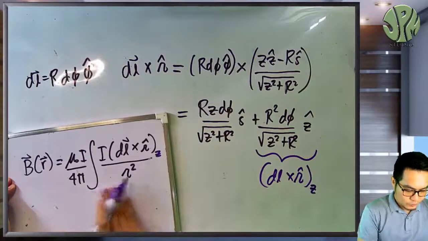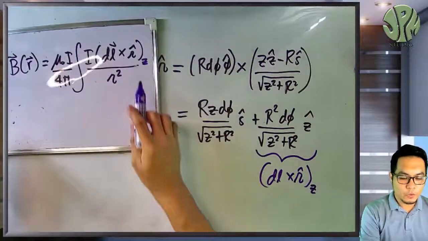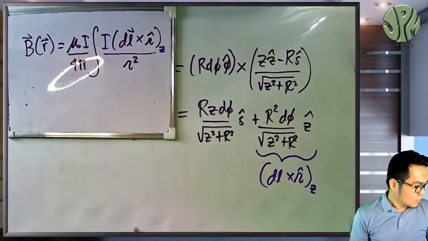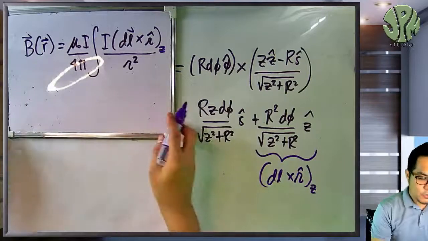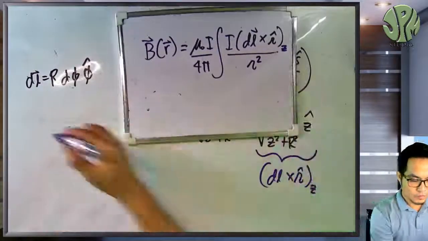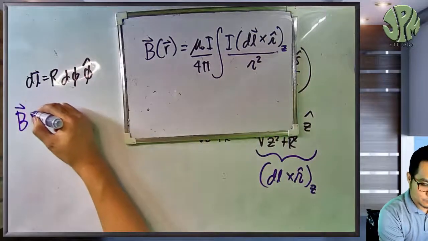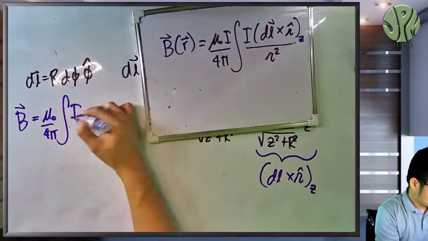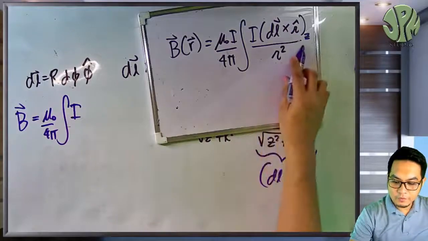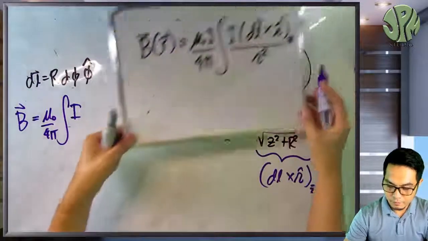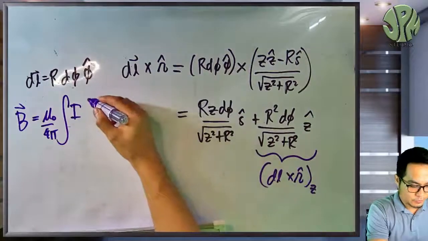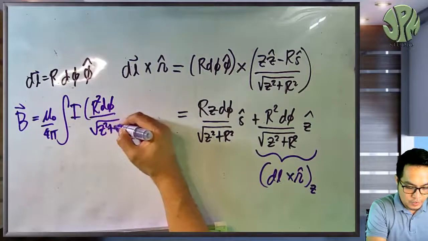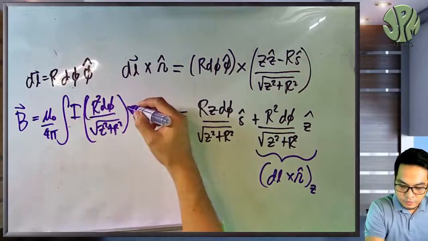So your formula will look something like this. You will start with this formula here. So substituting all of that, your magnetic field now will be equal to μ naught over 4π I, and then the z component of dl cross r is this one: R squared dφ over the square root of z squared plus R squared z hat.